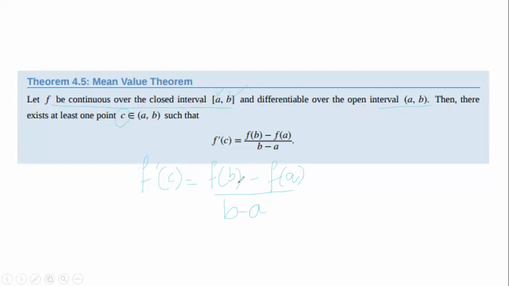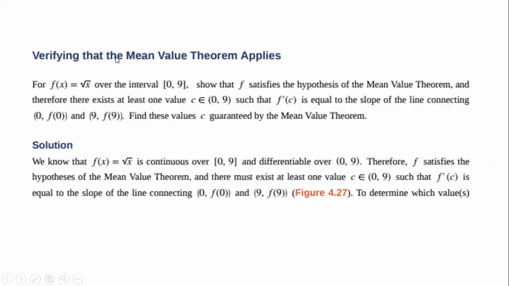This is the mean value theorem. So this is how we find the value of the derivative at a point c within the interval a and b.